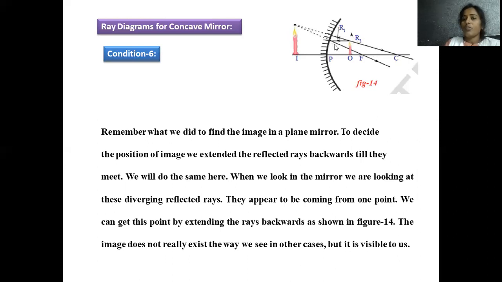One is passing through the focal point, and another ray is passing through the center of curvature. Now there is a condition we provided which is used to extend the reflection of the light beyond the concave mirror, and they converge at the point where you are going to get the image.